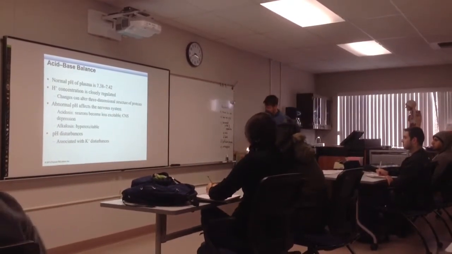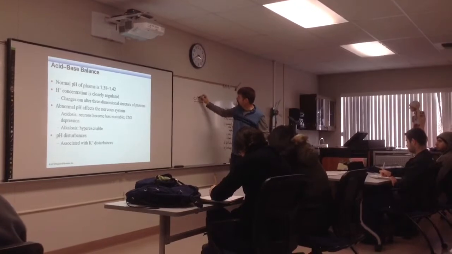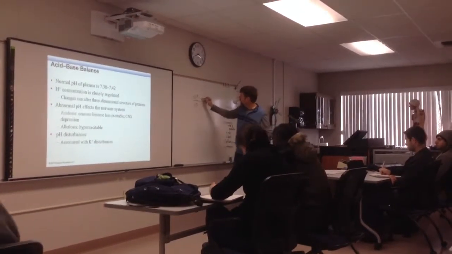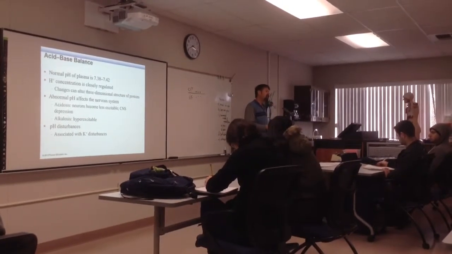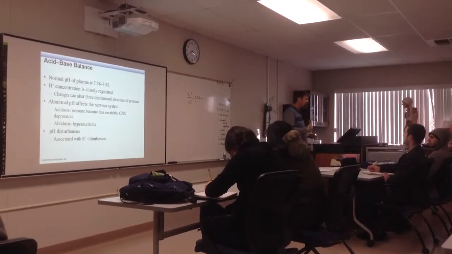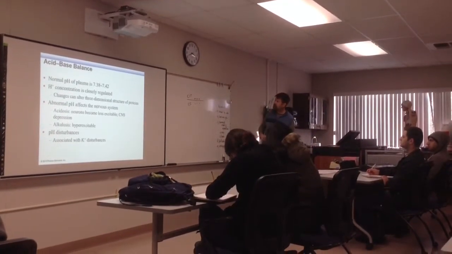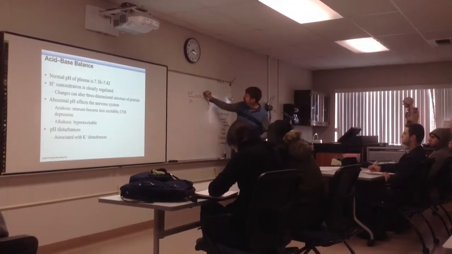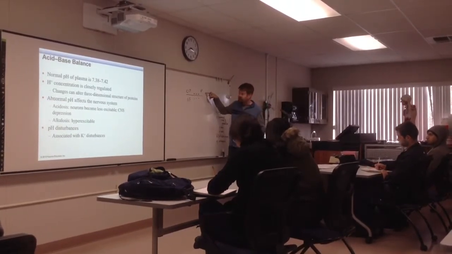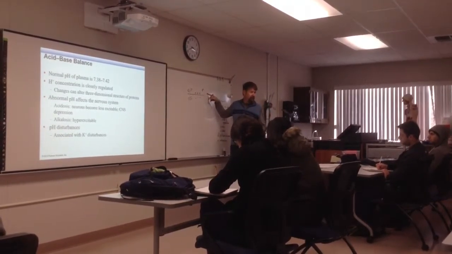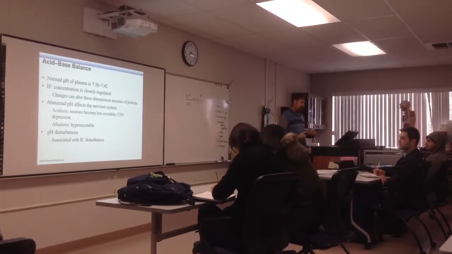Because in the ECF and the ICF, we said at resting potential we had a lot of negative charges on the inside due to dissolved organics and things like that, and a lot of positives on the outside. Well, if you increase hydrogen ions out here, this becomes more positive. So you're further away from threshold, and you're going to make the neurons less excitable.